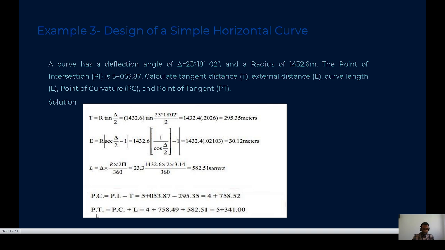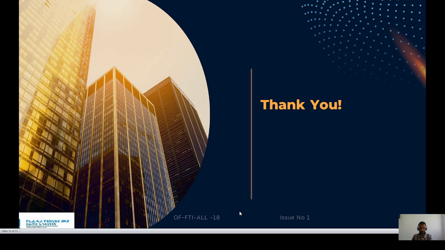The last part is the point of tangent, which is the point of curvature plus the length: 4 plus 758.49 plus 582.51. So the point of tangent is 5 plus 341.00. Thank you for listening to my presentation.